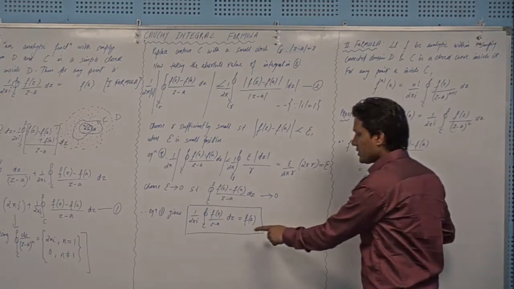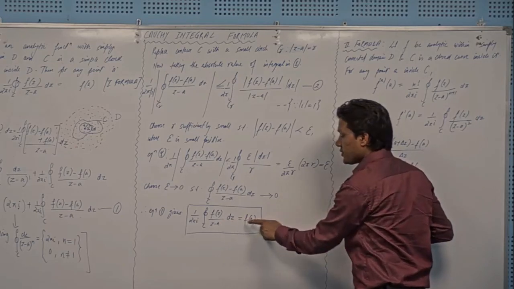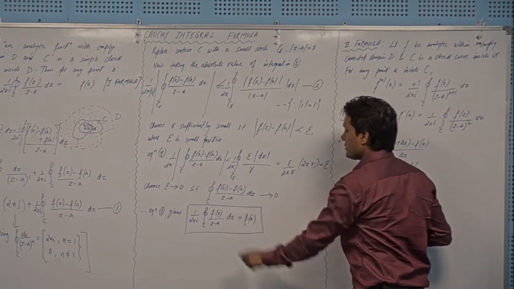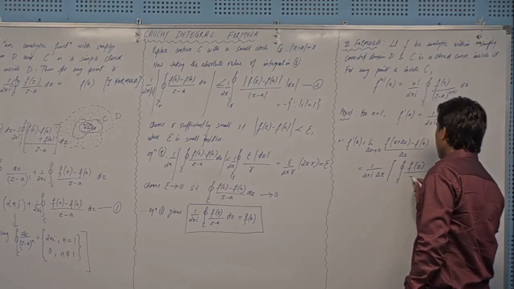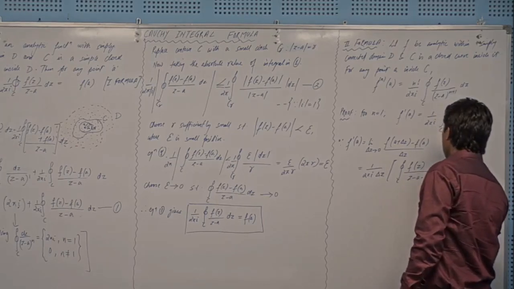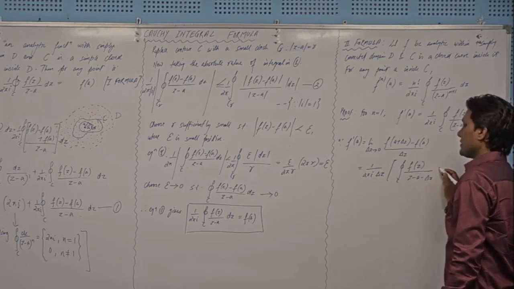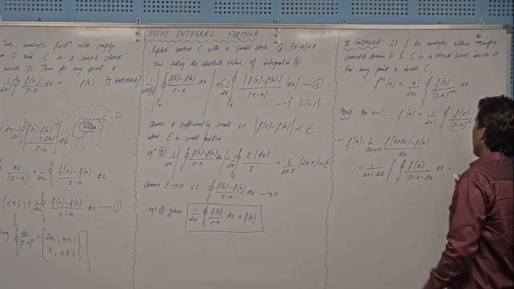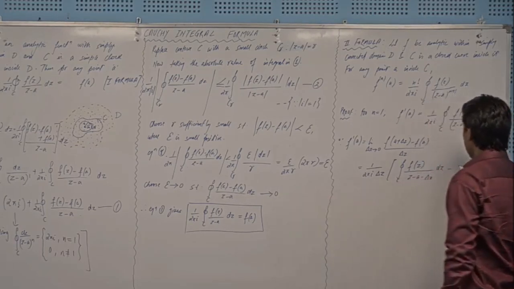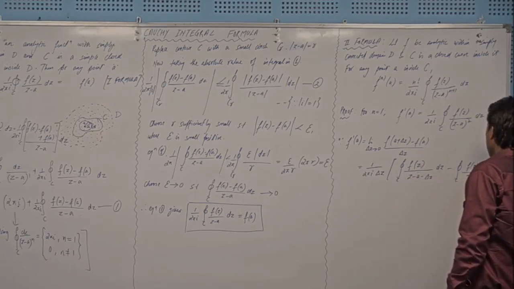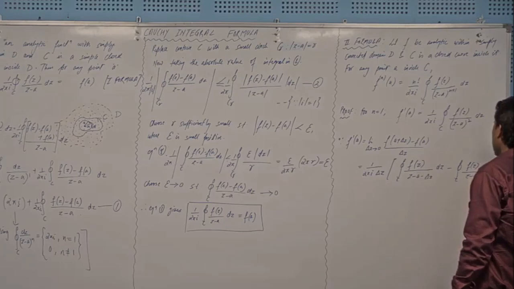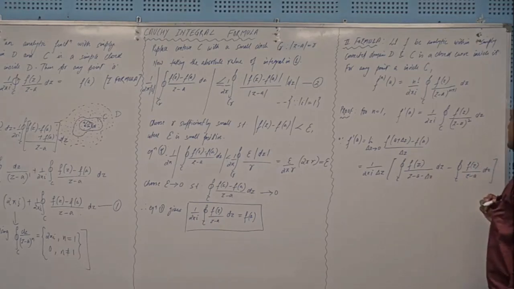Just replace a with a plus delta z, not z. So this will be f(z), and the denominator will become z minus a minus delta z, dz. Then minus f(a), which can be written directly using that result, f(z) over z minus a, dz.